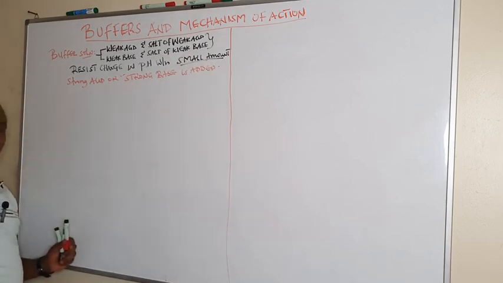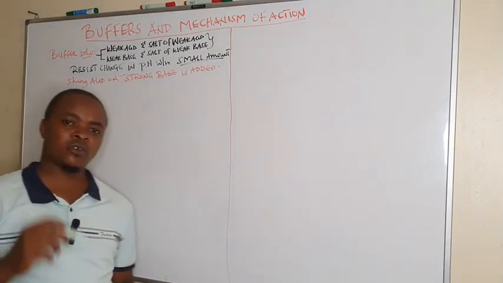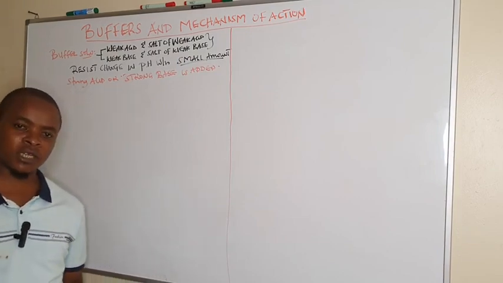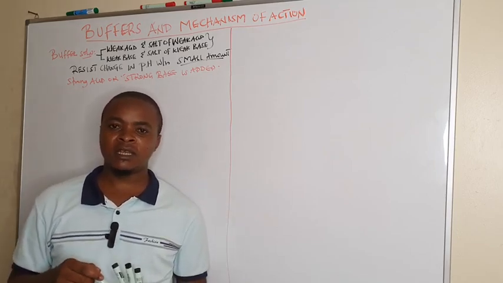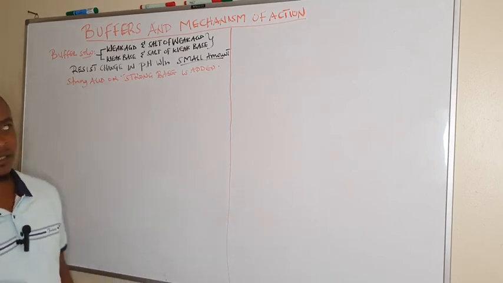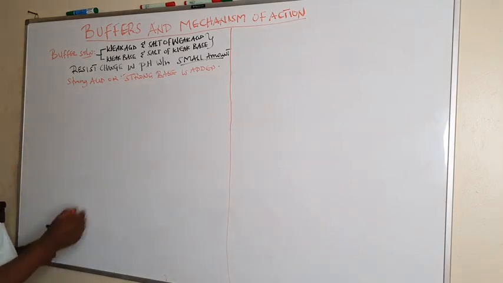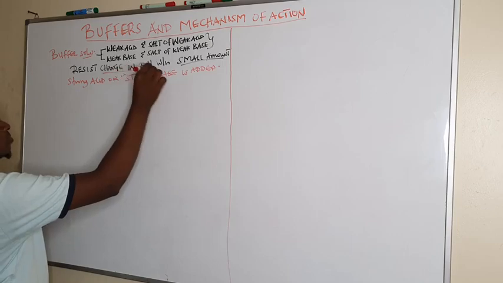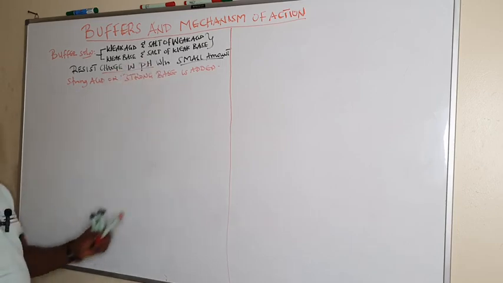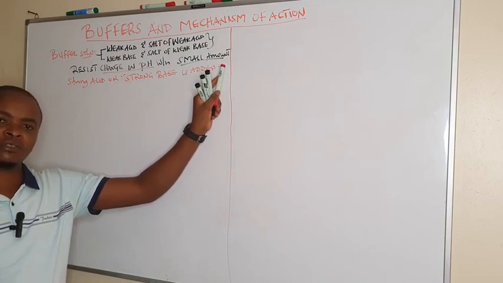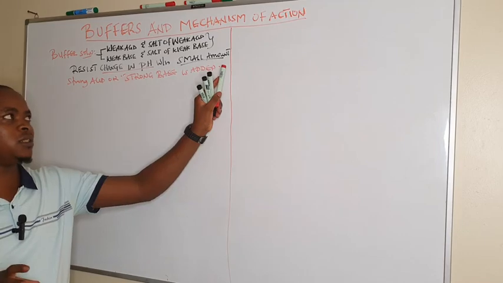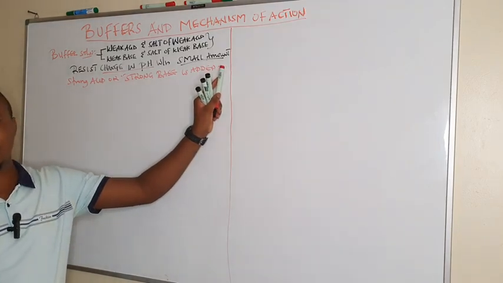So this is the definition of a buffer solution: containing a weak acid and a salt of a weak acid, or a base and the salt of a weak base, and this solution has the ability to resist change in pH when small amounts are added. If you add large amounts of a strong base or a strong acid, they might not be able to resist.